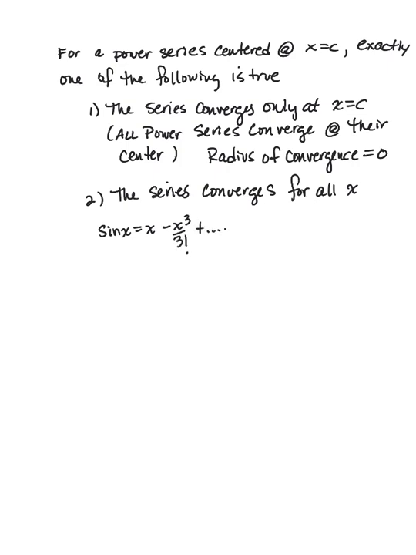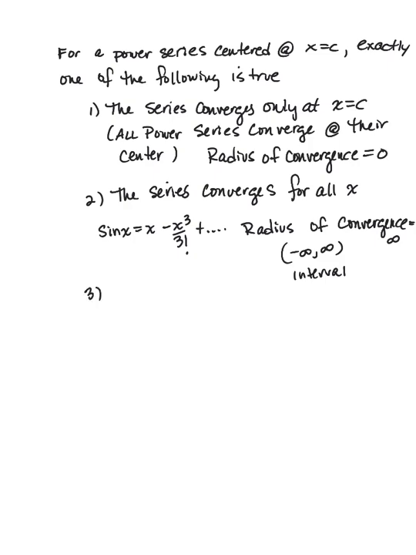That would converge everywhere. You'll see later on why. So what this means is that your interval of convergence is negative infinity to infinity. So the actual radius is infinite.